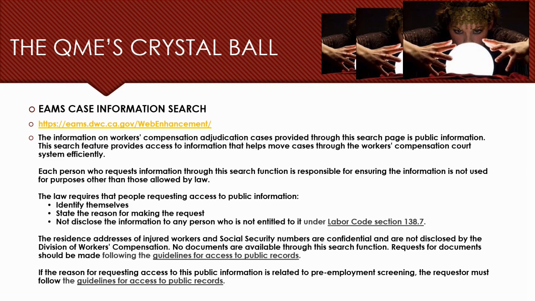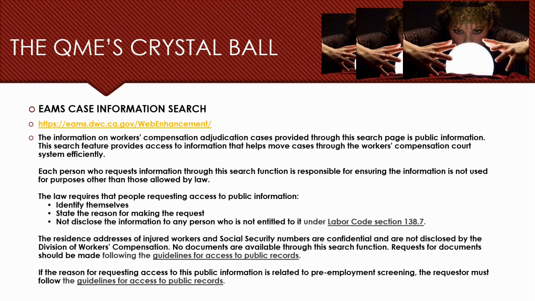And so without that information, there's no way that you can adequately and accurately opine on the important opinions and conclusions within the body of your report. So many times it's incumbent upon yourself to do the necessary research and obtain this information on your own. And the EAMS case information search, that information is all public information.